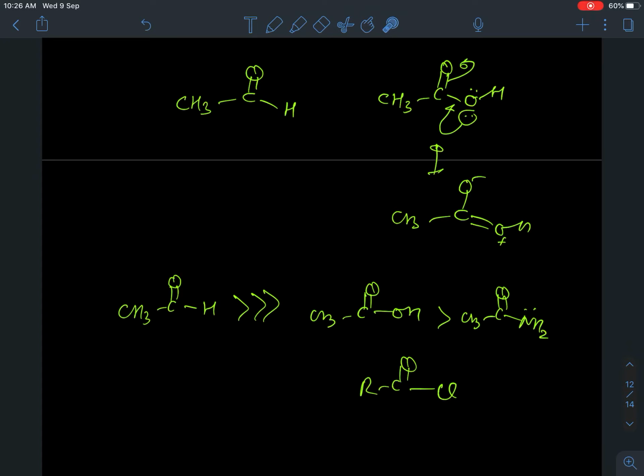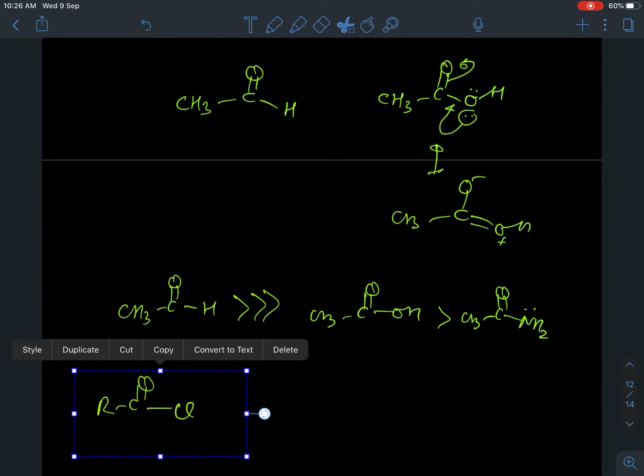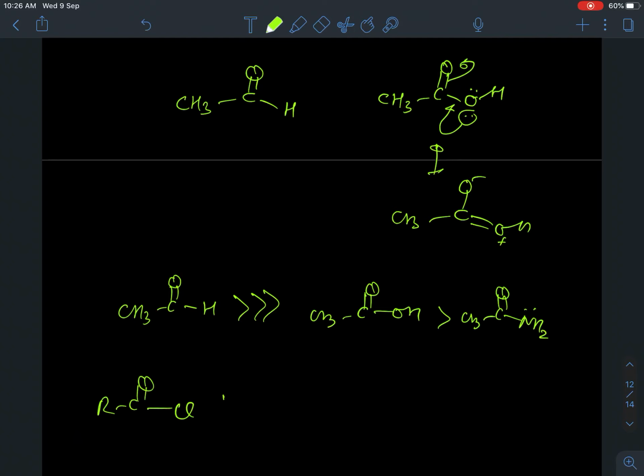Many people will say that it will be least reactive because chlorine is bigger and R is donating, so if a nucleophile attacks... But the reality is that the acyl chloride, this particular derivative, is even more reactive than aldehyde. Even more reactive than aldehyde.